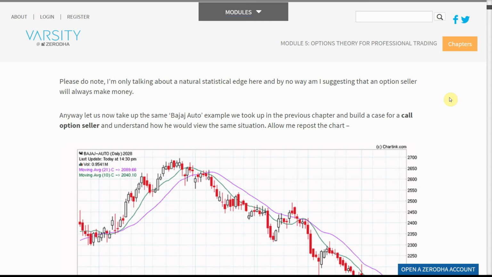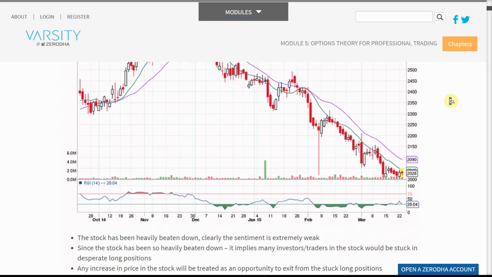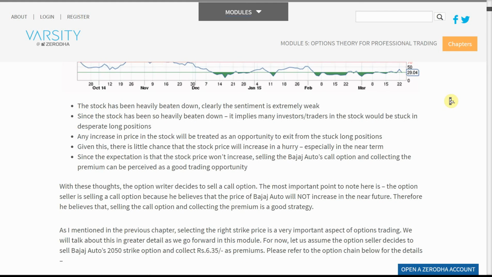Anyway, let us now take the same Bajaj Auto example we took up in the previous chapter and build a case for a call option seller and understand how he would view the same situation. Allow me to repost the chart. The stock has been heavily beaten down. Clearly, the sentiment is extremely weak. Since the stock has been so heavily beaten down, it implies many investors and traders in the stock would be stuck in desperate long positions.